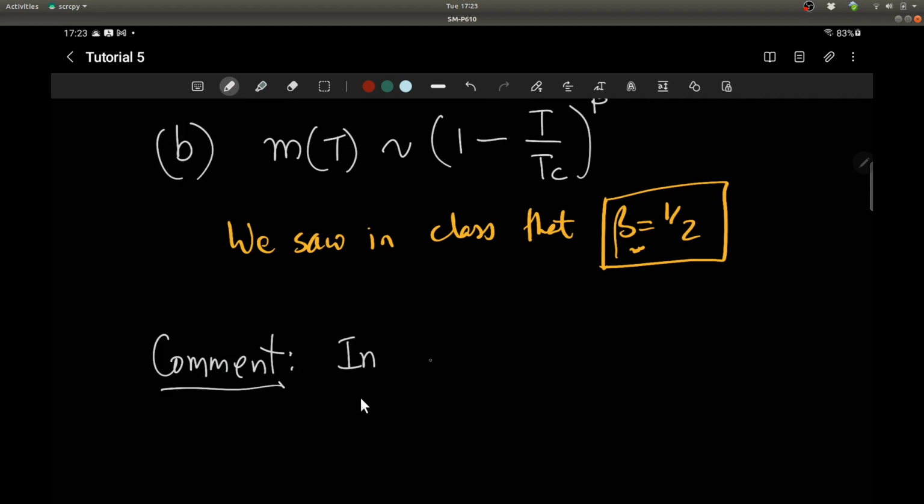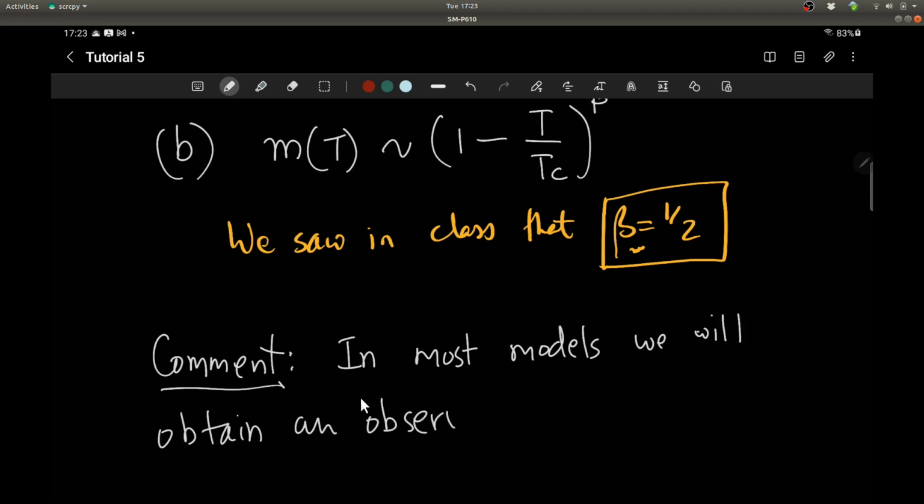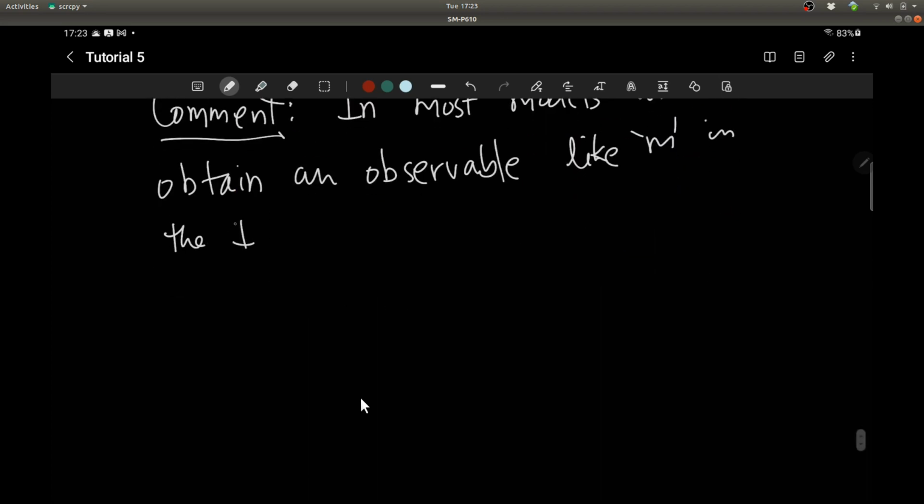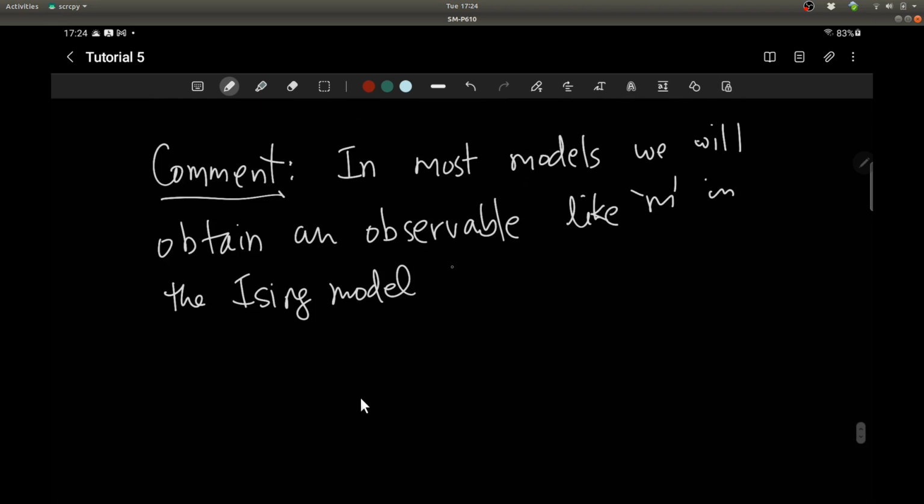In most models, we will obtain an observable like m in our example in the Ising model, that will be called the order parameter.